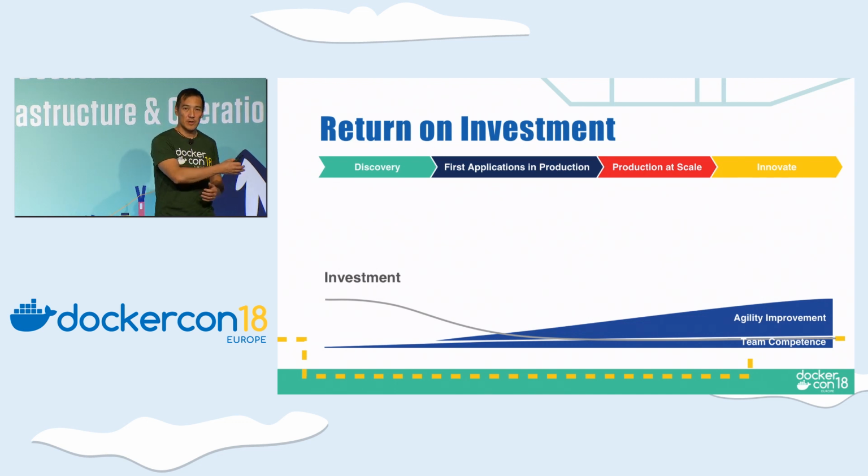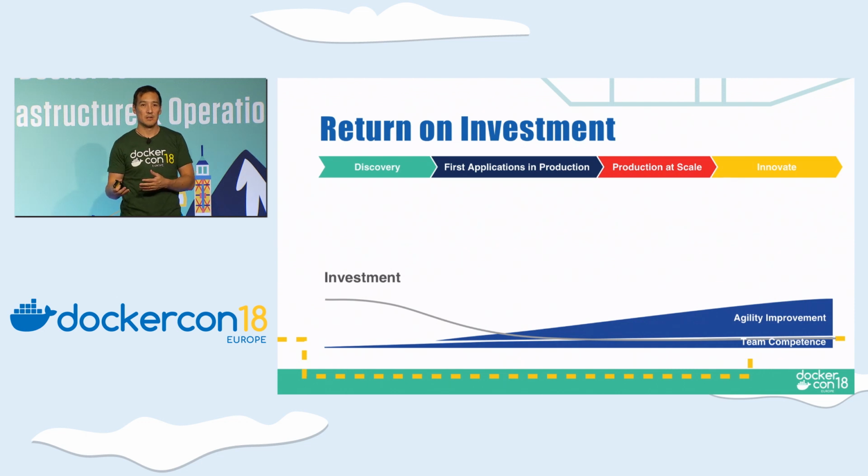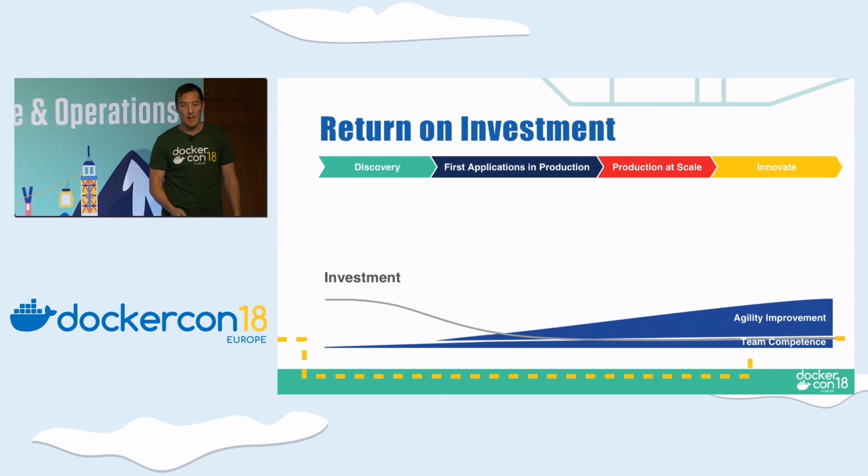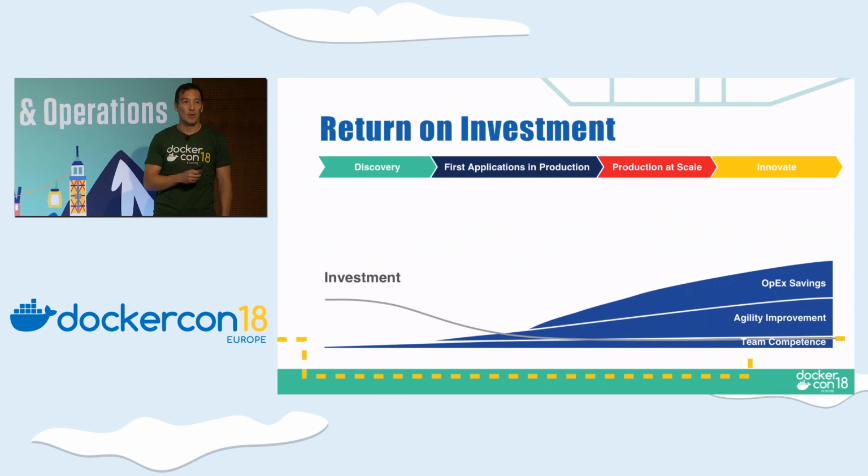Quickly after that, when you start getting your first applications into your development cluster, you'll start to see agility. We'll be able to take those things that used to take months or weeks to deploy, and those will go down to hours or even minutes. And then once you've deployed over even more environments, you'll start to see operational savings, in that you don't have to have as many resources dedicated to just deploying constantly to environments.